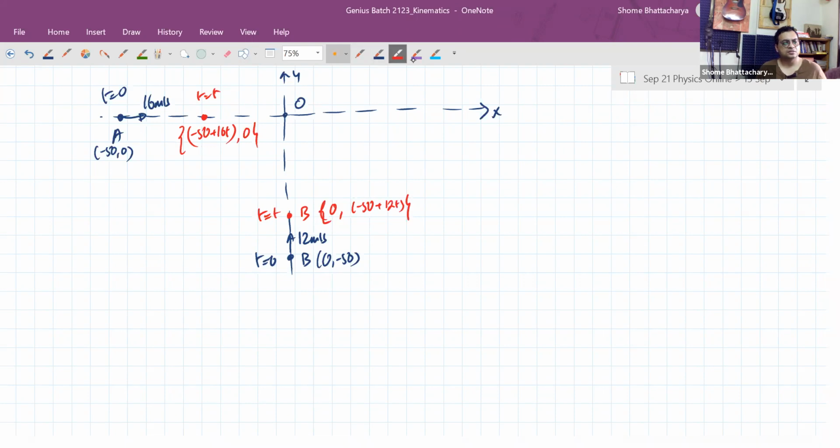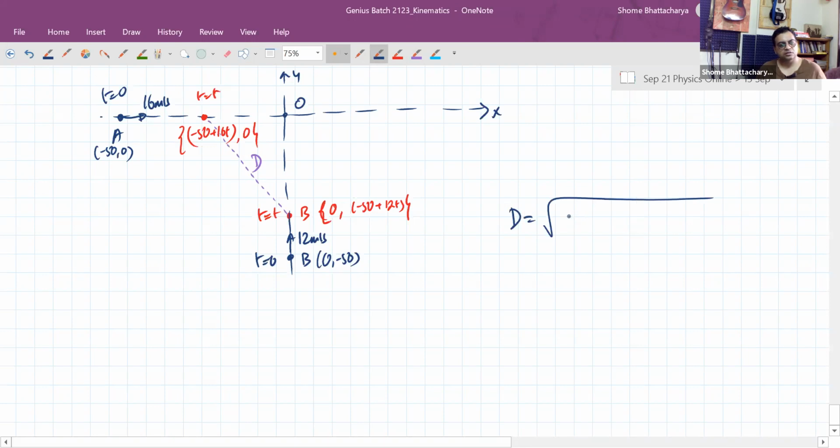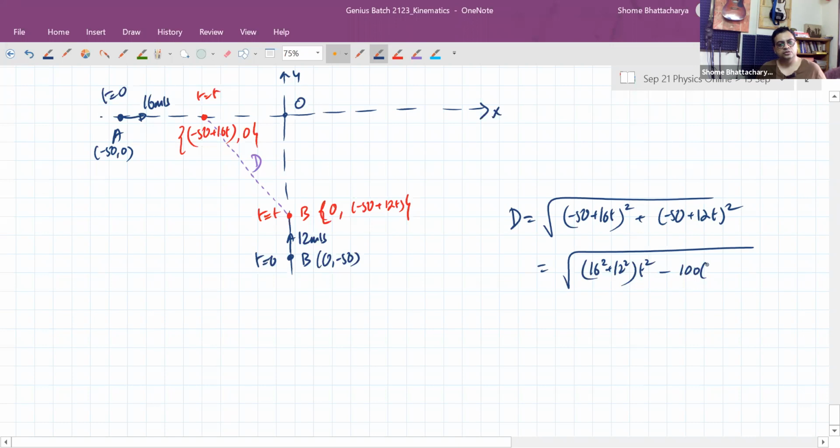Okay. So the distance between them as a function of time, I write this distance formula as capital D. So the distance between them as a function of time is, so it is (16 square plus 12 square) t square, minus 100 into (16 plus 12) t, plus twice of 50 square. So that will become how much?